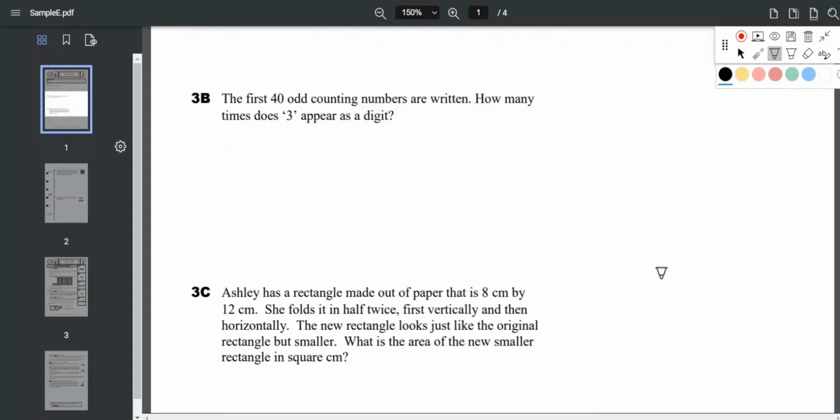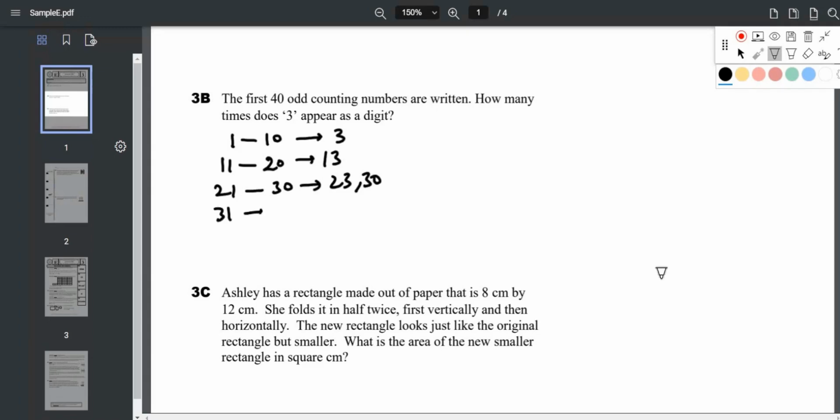The second question is: the first 40 counting numbers are written. How many times does the digit 3 appear as a digit in the numbers from 1 to 40? From 1 to 10 there is only one number, that is 3. From 11 to 20 there is only one number, that is 13. From 21 to 30 there are two numbers, that is 23 and 30 itself.